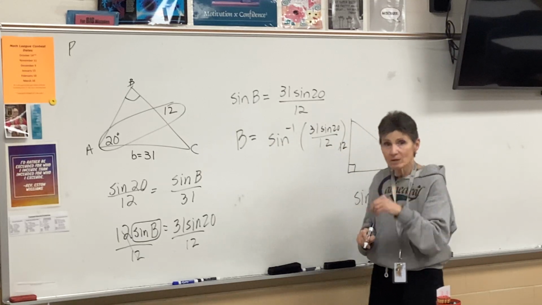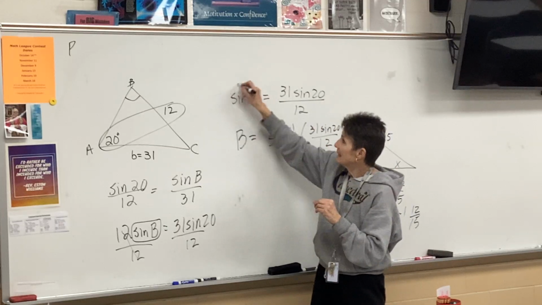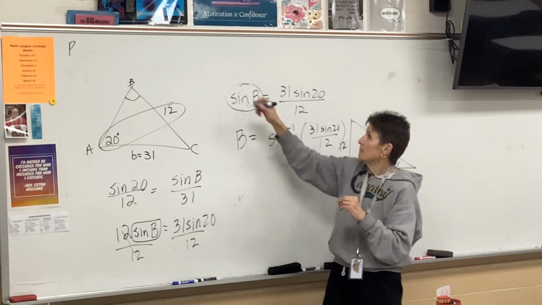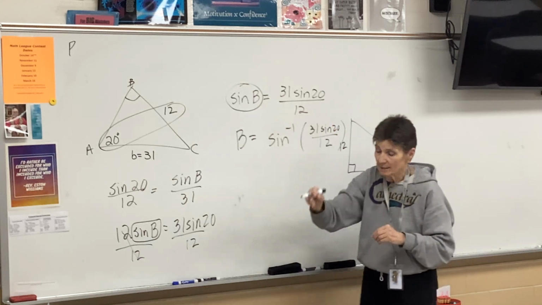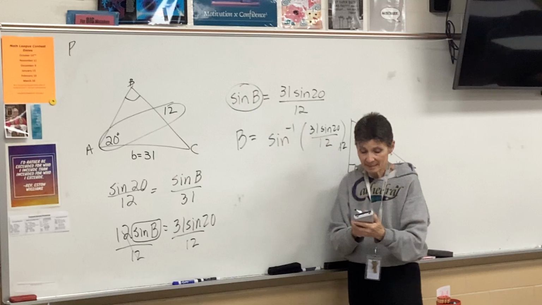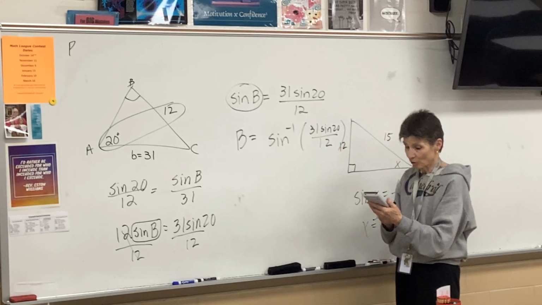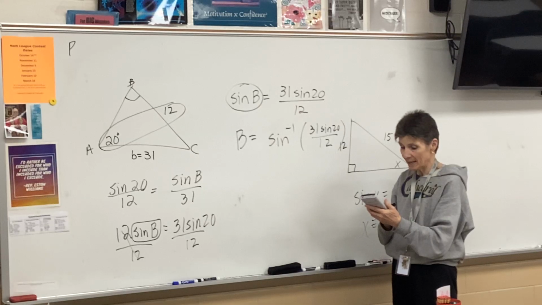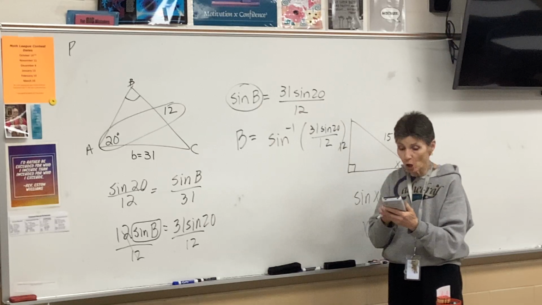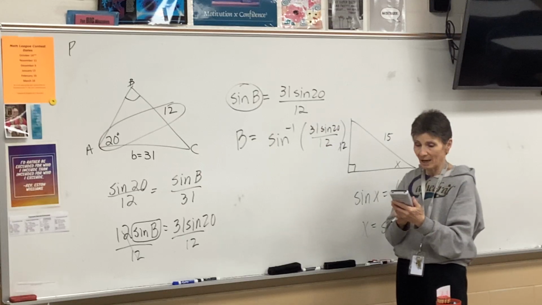When your variable is an angle, go ahead and get this by itself, but then inverse sine. So you type that in exactly the way I wrote it. You're going to type second sine, and then 31 sine 20, close the parentheses around the 20, divided by 12.